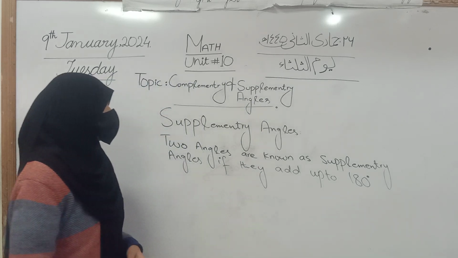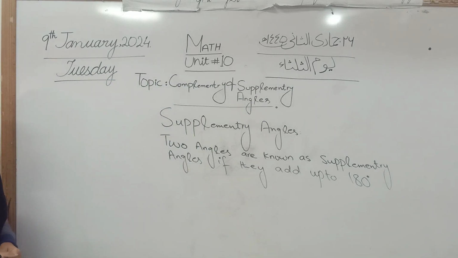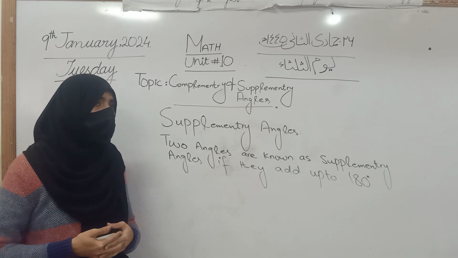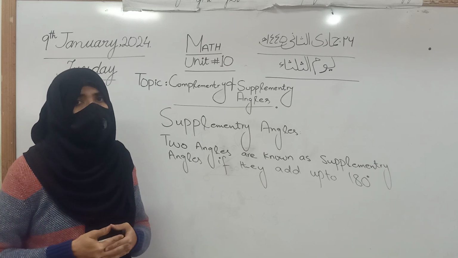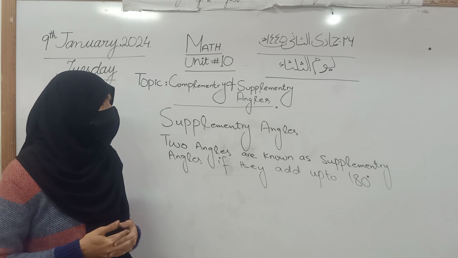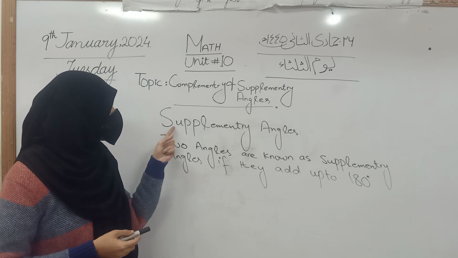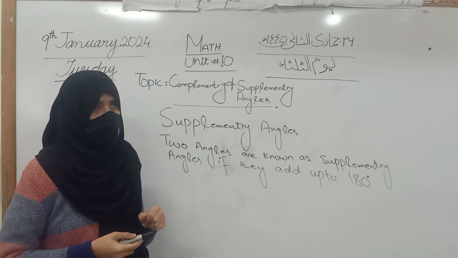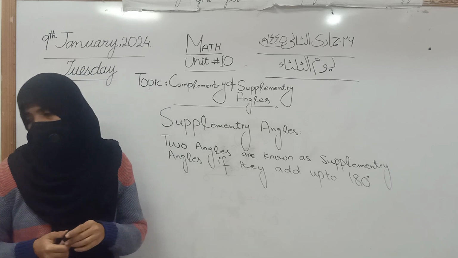Okay. It means if we are taking the sum of two angles and after taking the sum, it gives the result equal to 180 degrees, then they will be known as supplementary angles. Okay, is it clear to all of you?